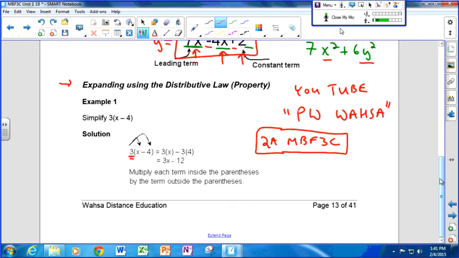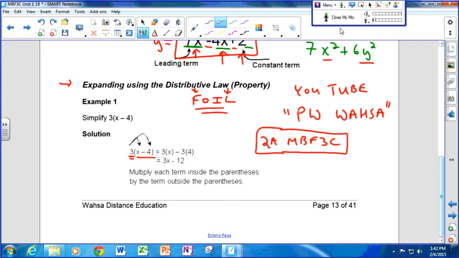And then there's the opposite of doing that, which is to factor things out. If you've ever heard of FOIL, you may remember it from school, but if not, don't worry about it. We're doing the first and the last for this, because FOIL is for when we're doing 2 bracket expressions, 2 binomials.